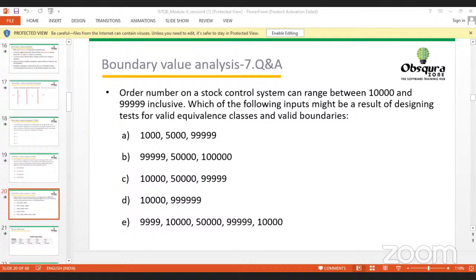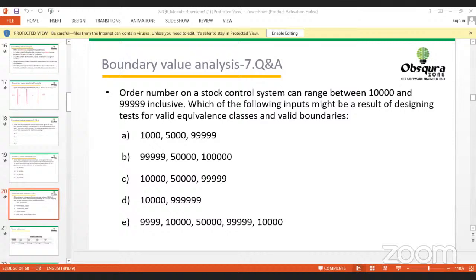That is 10,000 minus 1, that will be 9999. Then 10,000.